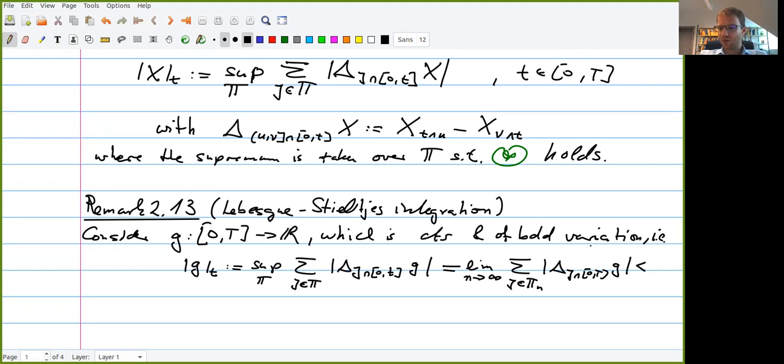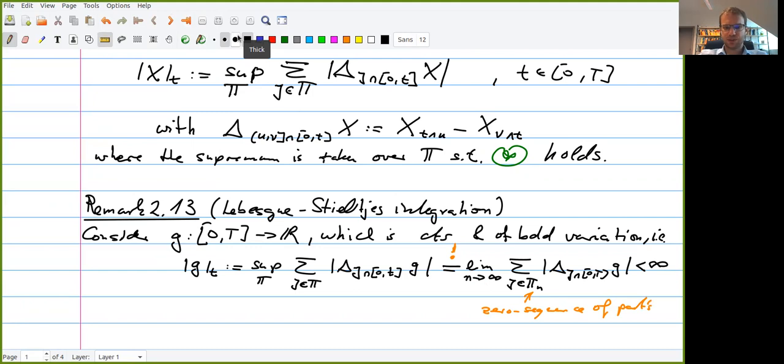And bounded variation means that this process is finite. Just a warning, you're allowed to use this, for example from the problem sheets, but it is not trivial.